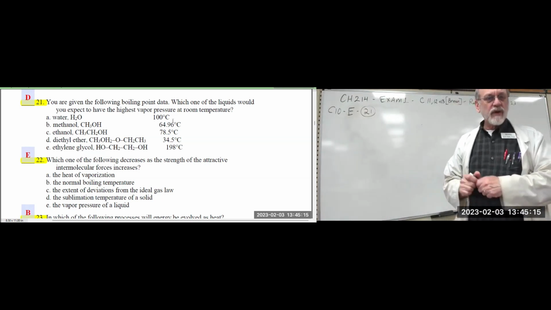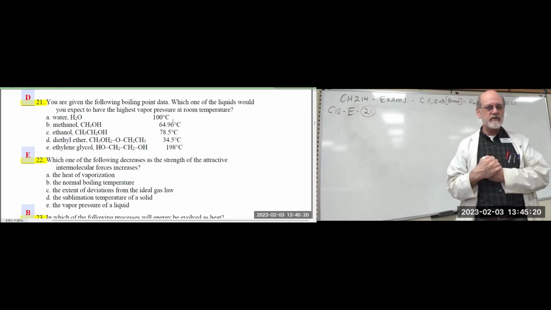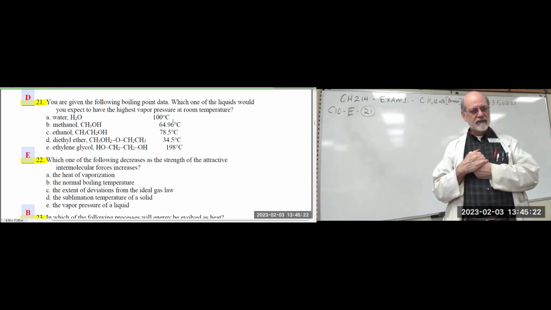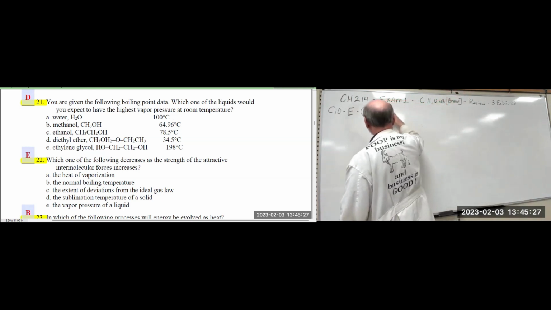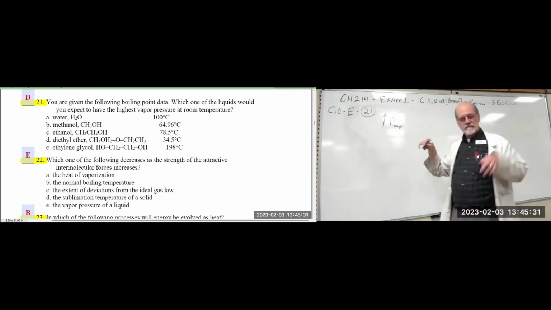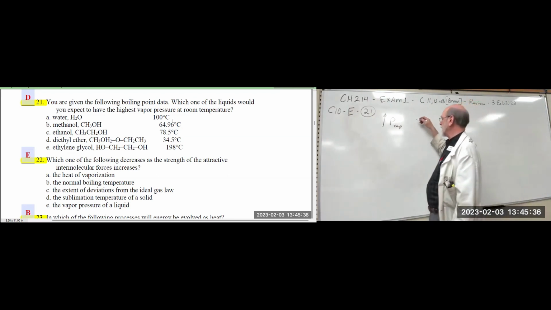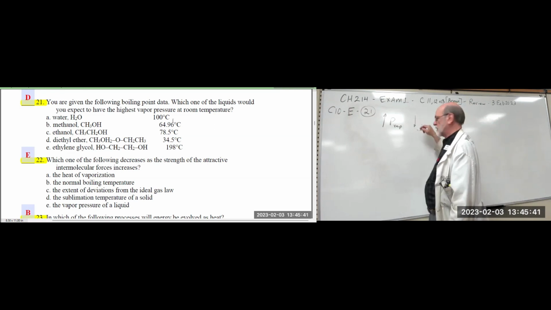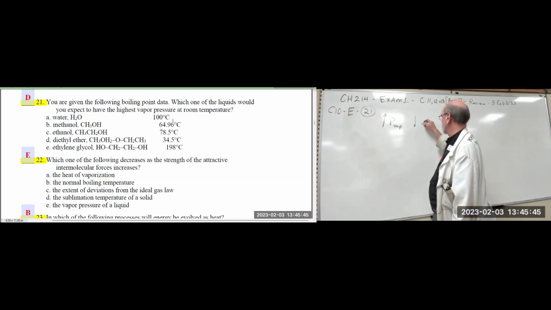You're given the following boiling point data. Which one of the liquids would you expect to have the highest vapor pressure at room temperature? So high vapor pressure is relative to and proportional to a low boiling point.